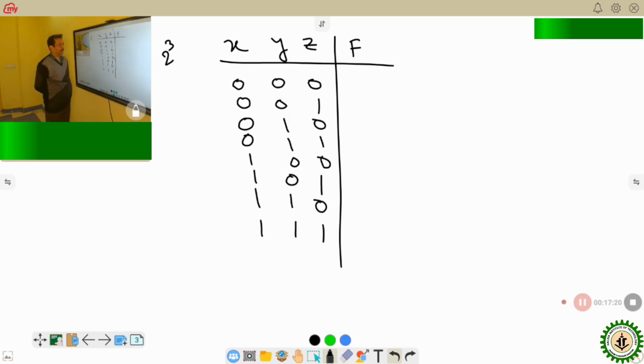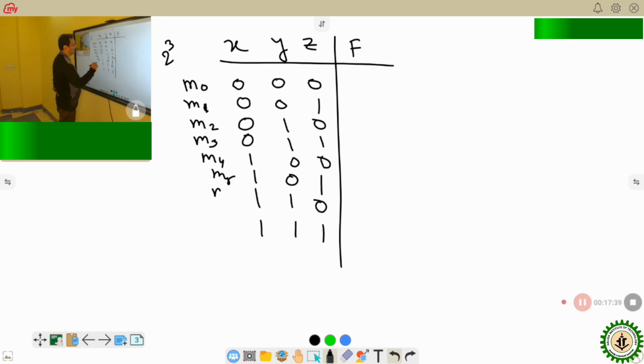And for that particular case, this position is the minterm 0, this will be minterm 1, this will be minterm 2, this will be minterm 3, and this is minterm 4, minterm 5, minterm 6, and minterm 7.